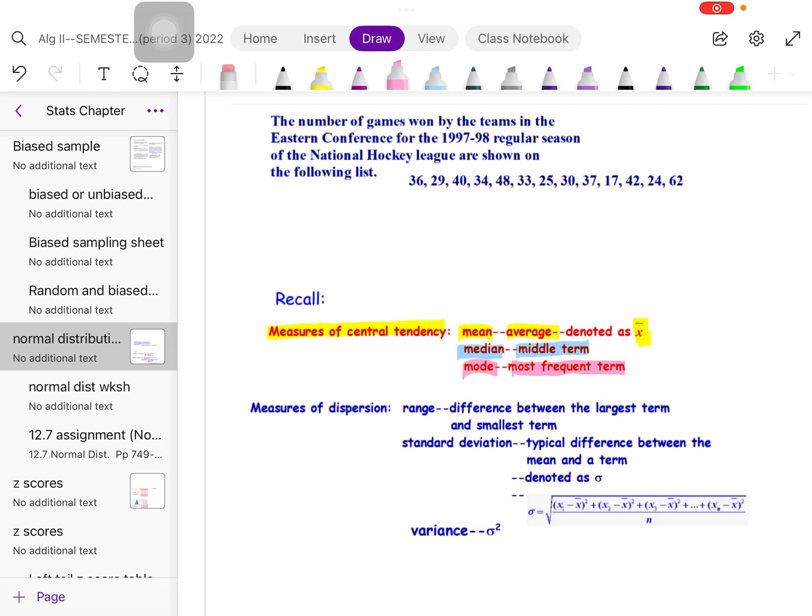So in this data, we would have 36, 29, 40, 34, 48, 33, 25, 30, 37, 17, 42, 24, 62. We would have no mode because I do not see any numbers repeating themselves. However, if I had two 24s, 24 would be the mode.